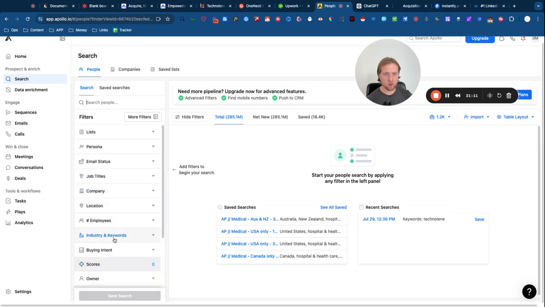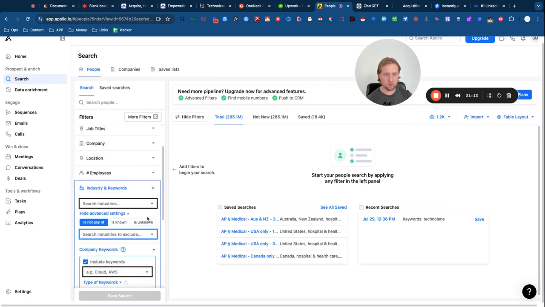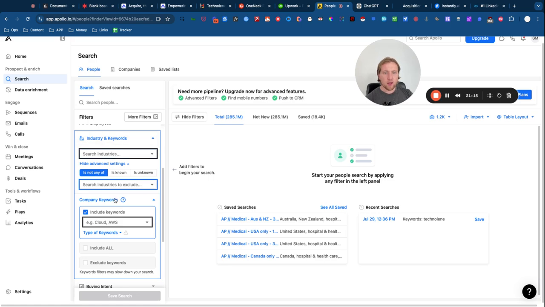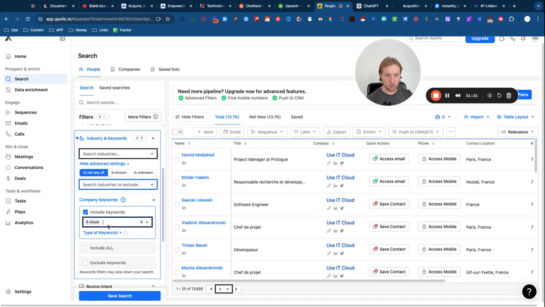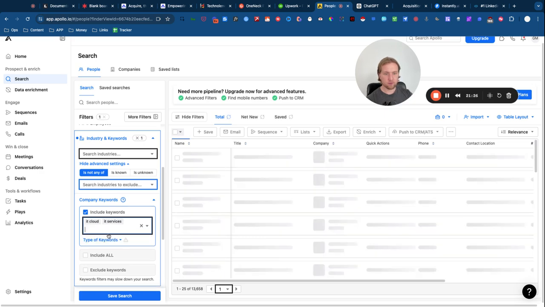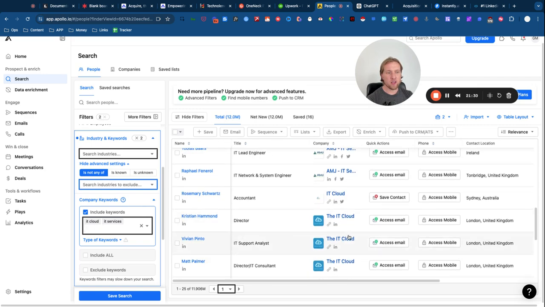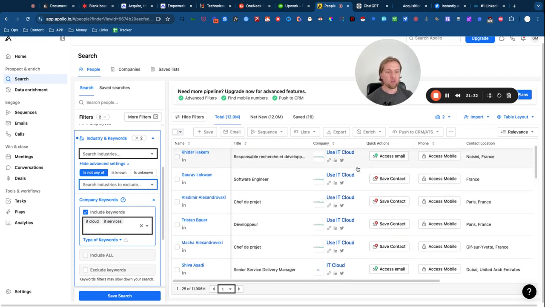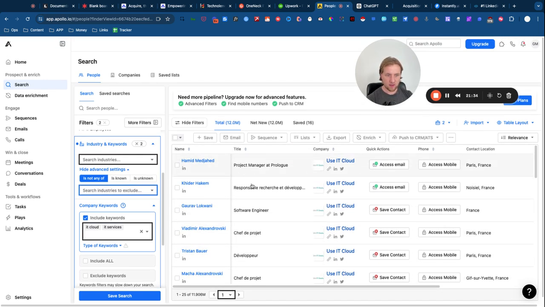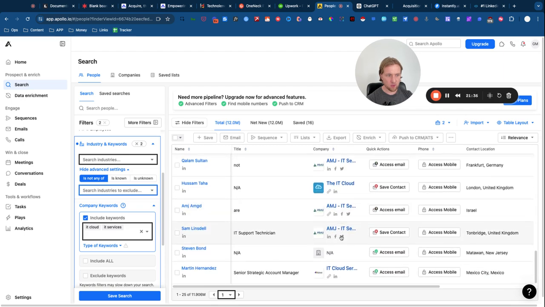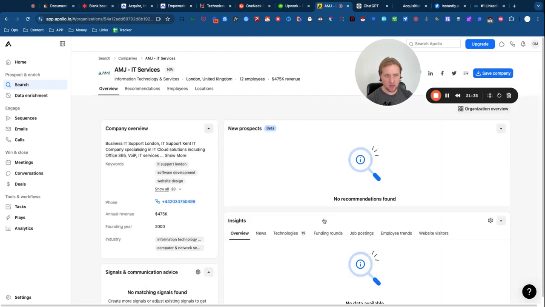So I go to industry and keywords, and I go to include keywords, and maybe it's IT, cloud, or IT services. And I take a look at all of the other companies that have the same keywords. From there, I look in depth into all of these companies, and I look at the clients that they've worked with.